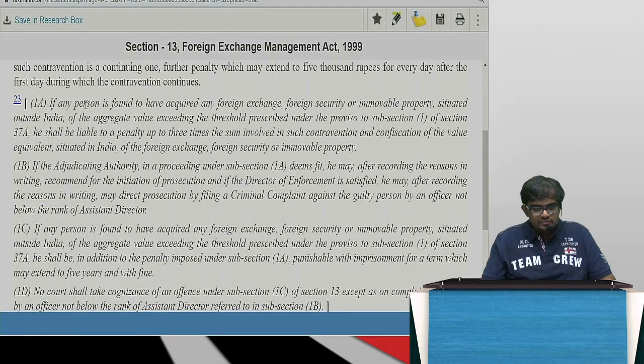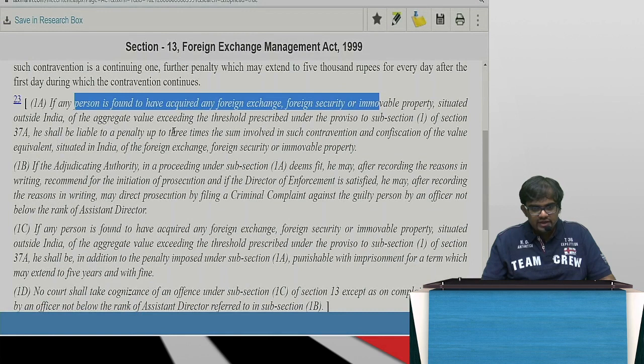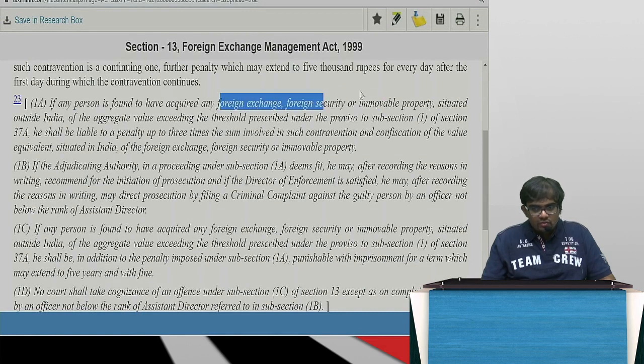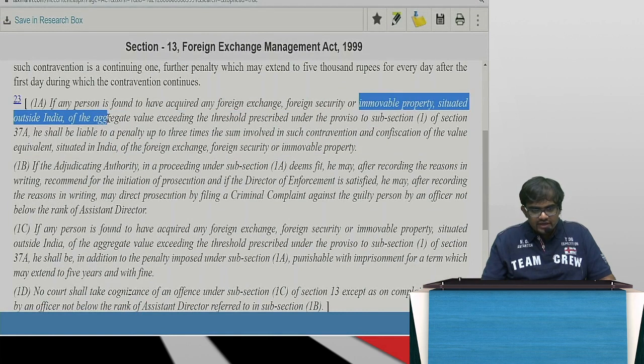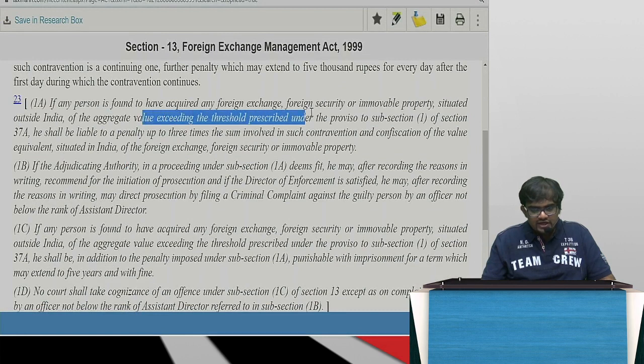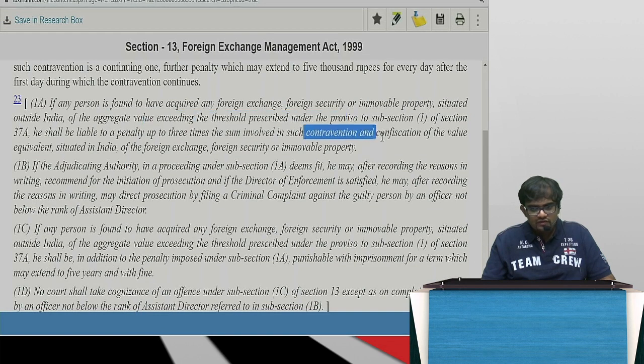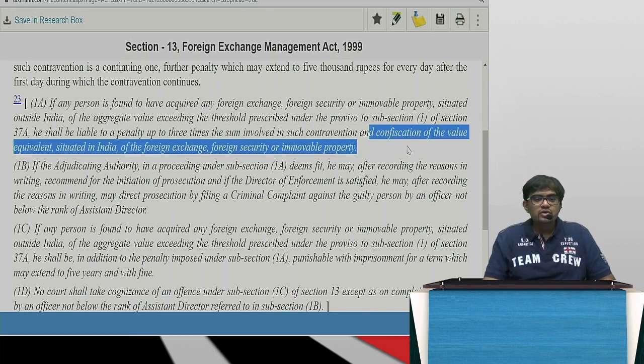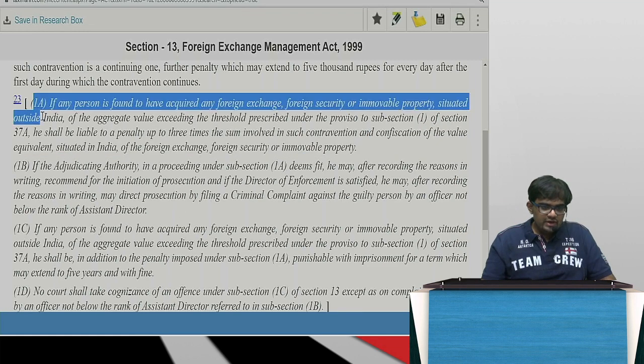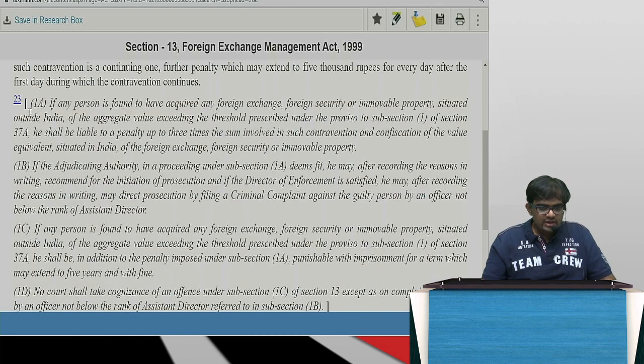See here, 1A: acquired foreign exchange, or immovable property situated outside India, aggregate value exceeding the threshold. Such contravention will also result in confiscation of the value equivalent situated in India. So you have to write 1A, 1B, 1C and all that, predominantly 1A.